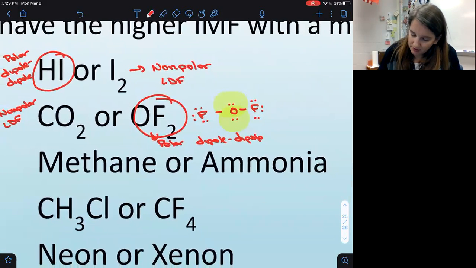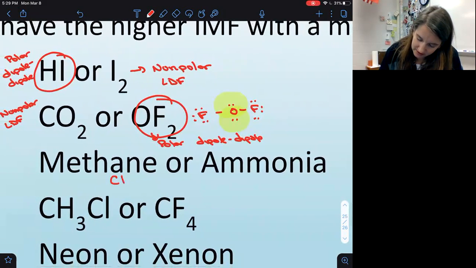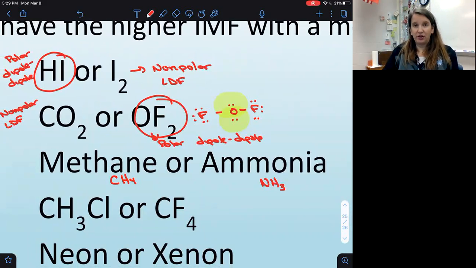Methane or ammonia? Well, methane is CH4 and ammonia is NH3. So guess what? I don't even have to draw any of these to know what the answer is. I can see CH4. Remember, I told you all yesterday, you can look at something like that and visualize that it's one carbon with 4 hydrogens all the way around it.